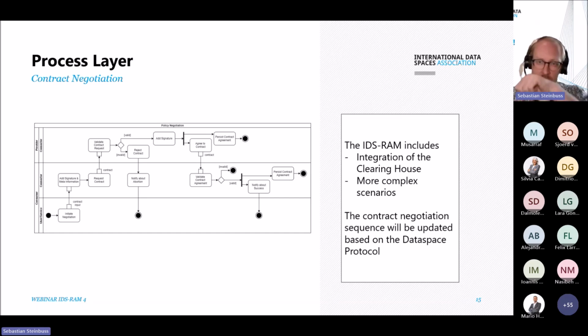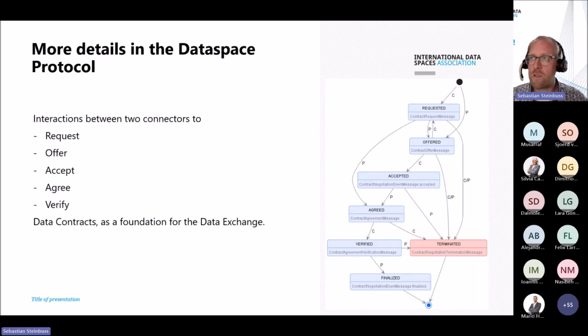But this is the process perspective, and this is described in far more detail in the Dataspace protocol, where we have to describe, in more technical detail, how the two connectors can interact with each other to request a data offering or to create a data offering, to accept the given offering, and then have an agreement between both parties that can also be verified.